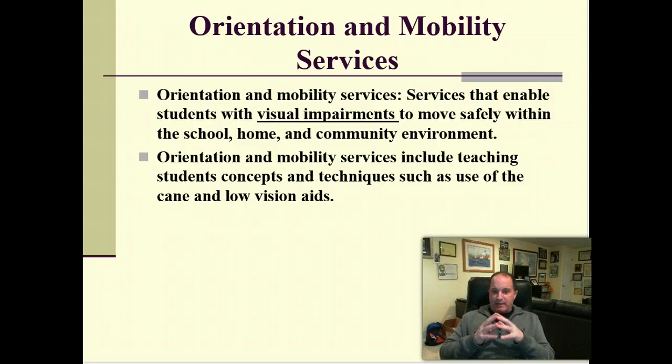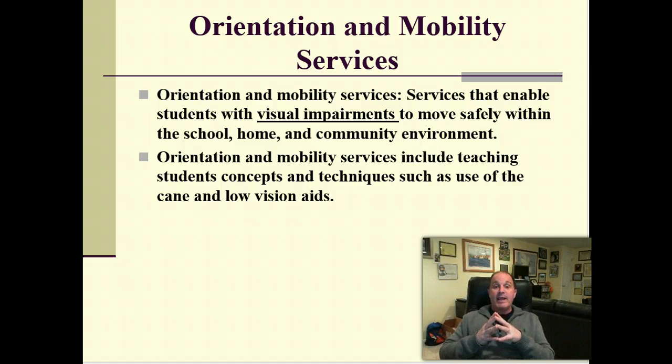So let's talk about this. When you have a child with a visual impairment, or let's say a child who is blind, that child is going to need a great deal of help learning how to orient him or herself within the environment, how to get around the environment. And that child's going to need the related service of orientation and mobility service, to teach the child how to move safely around the school, around his or her home, or around the community.